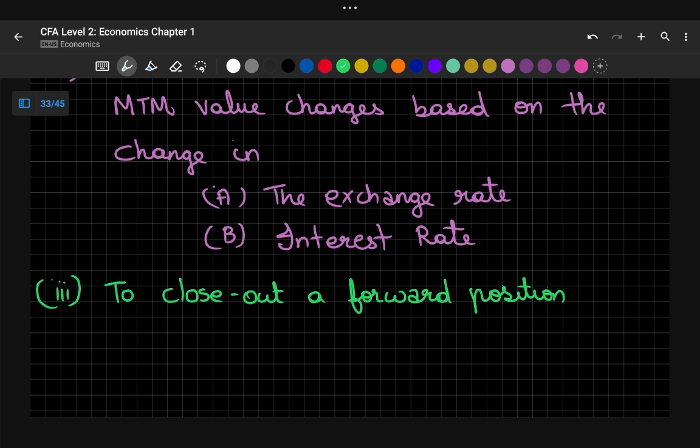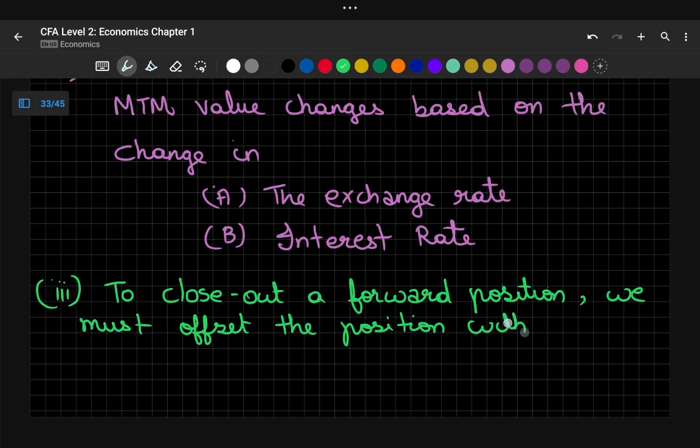To close out a forward position, we must offset the position with an equal and opposite forward position.